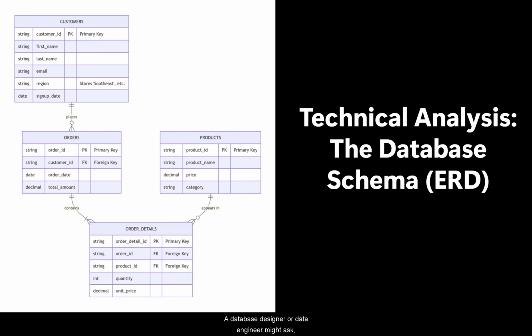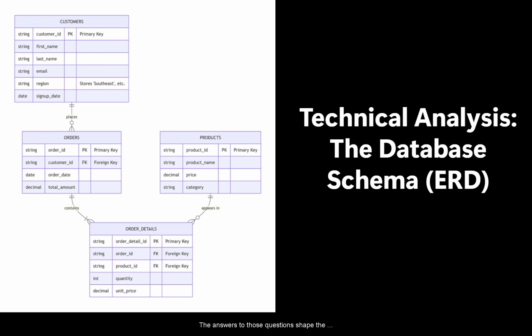A database designer or data engineer might ask, how should customer and other information be organized? What relationships exist between different data entities? How can we prevent duplication and ensure consistency? What is the number of rows in a table, or what are the characteristics of a variable?